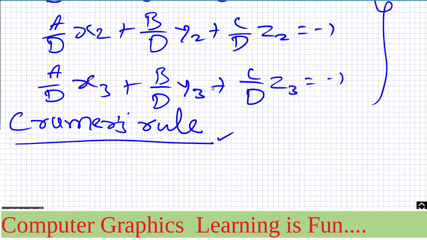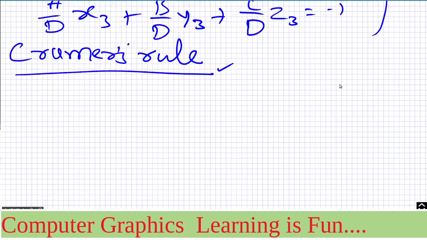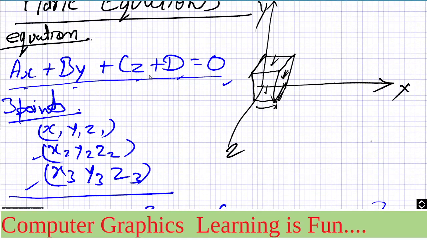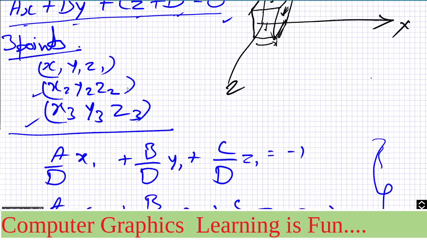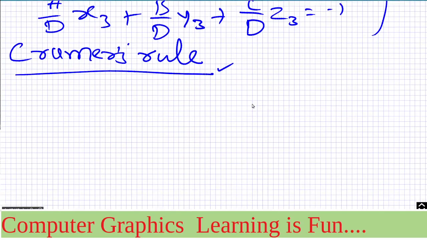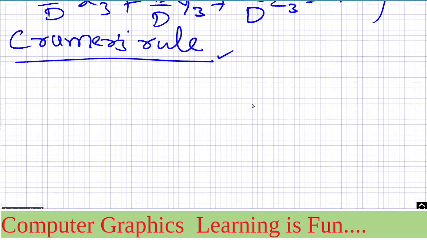So in Cramer's rule, you would have studied, or even if you haven't studied, it's okay. In Cramer's rule, what you will do, having this kind of equation, or for any such equation, ax plus by plus cz plus d is equal to 0, and given these 3 points, x1, whatever the 3 points, then you can have the determinants like this.